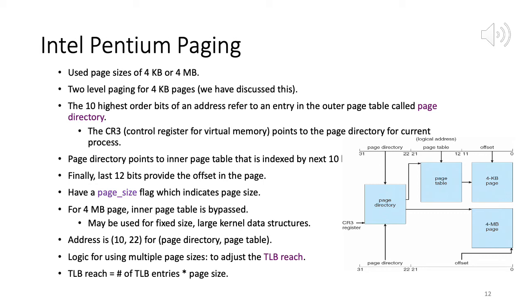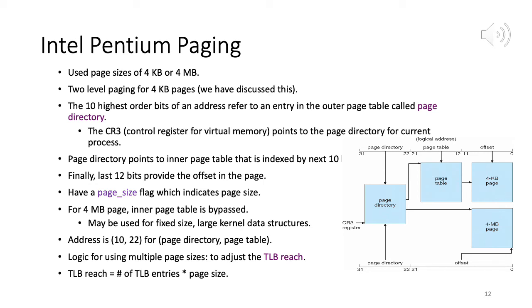Because if you recall, we had discussed, can we have external fragmentation in paging? The answer is no. But we noted that we can have internal fragmentation. And what was the worst case? For one particular process, we have just one byte remaining, so for that we have to allocate a fresh page, a fresh frame, and besides that one byte, the rest of it is going to be wasted to internal fragmentation.